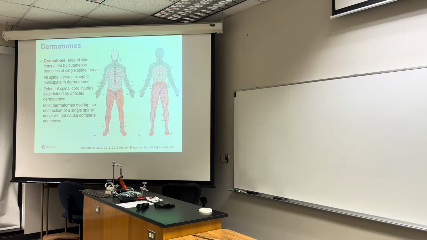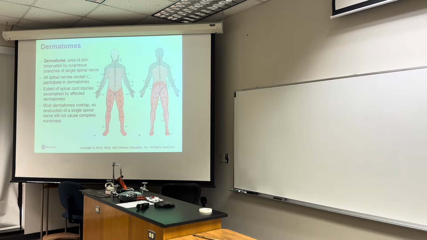Skin. And there is a map for that for the physician, so that if anybody has problem sensing at a specific part of your skin, they can try to find out if that specific nerve is damaged or not.